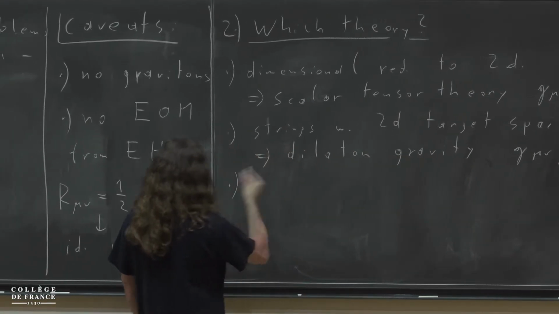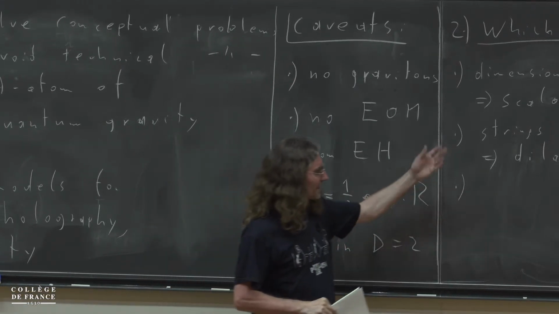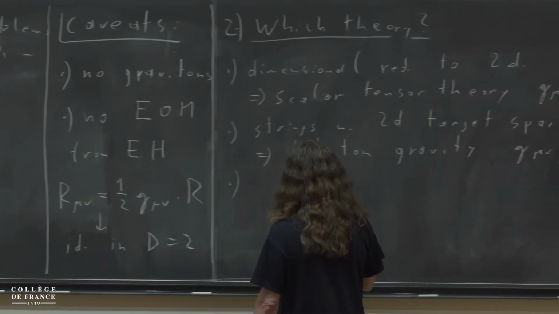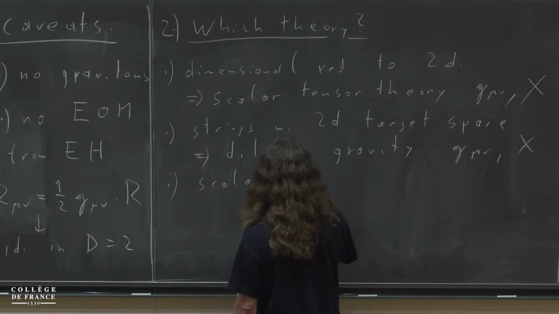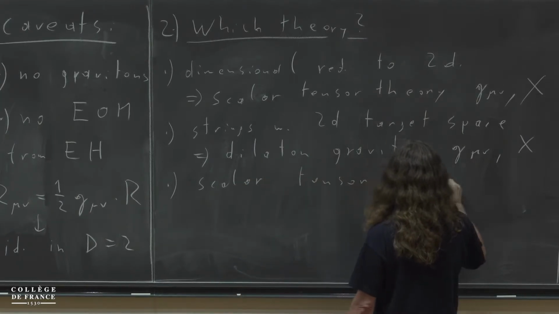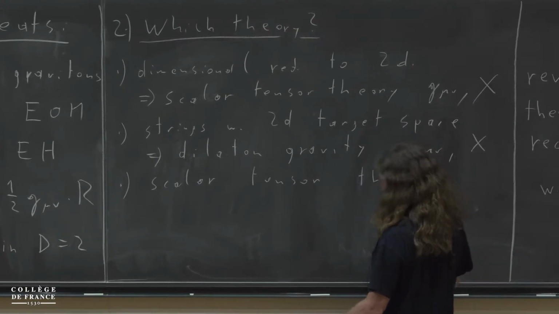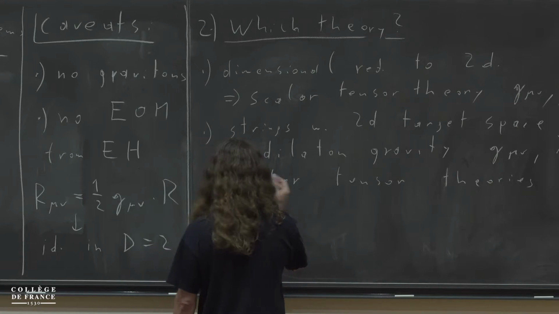Now, you might start right away from scalar tensor theories. So you can consider Jordan-Brans-Dicke theory. So if you just directly start with scalar tensor theory, of course, you end up with the same field content as well. And then there are two more paths to this.